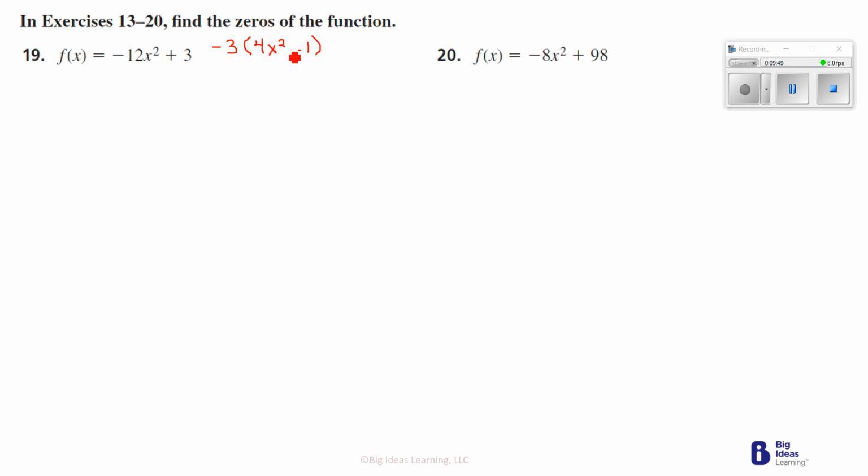Both 4 and 1 have a square root, so I can turn this to 2 to the second power, x to the second power, minus 1 to the second power, which is going to turn to 2x minus 1 and 2x plus 1.